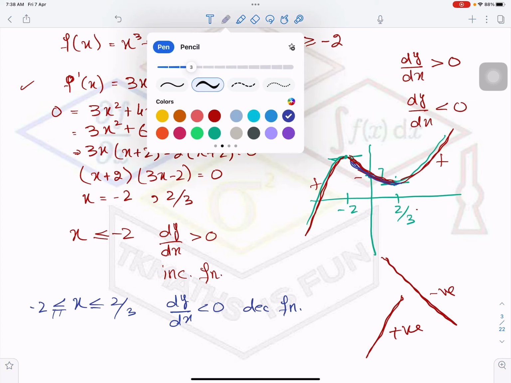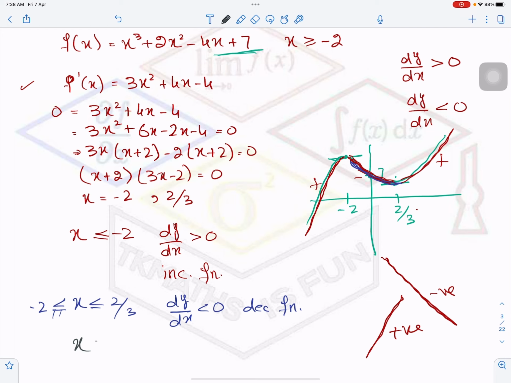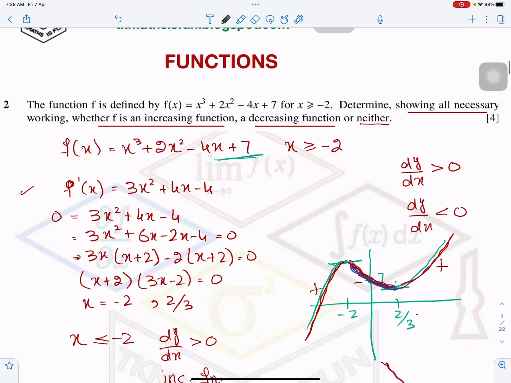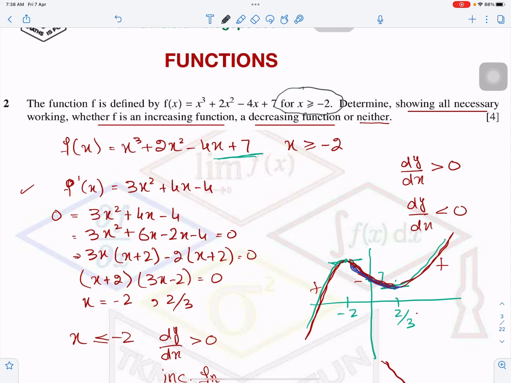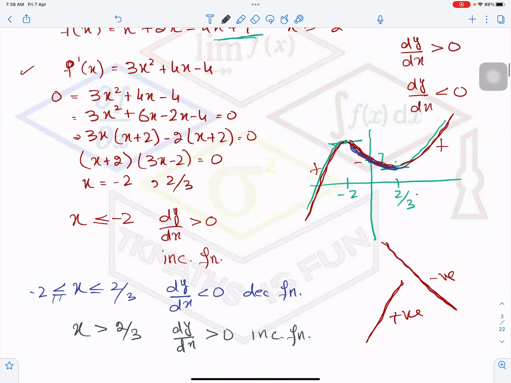And then again, for x greater than 2 upon 3, the rate of change is again positive, which means it is an increasing function. Okay, so now, according to the question, it was saying for x greater than or equal to minus 2. If I see the values of x in this part of the curve, which are greater than minus 2, part of the curve is a decreasing function, part of the curve is an increasing function.